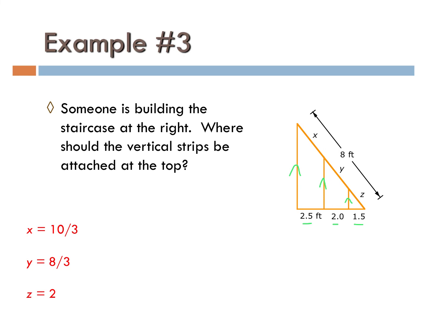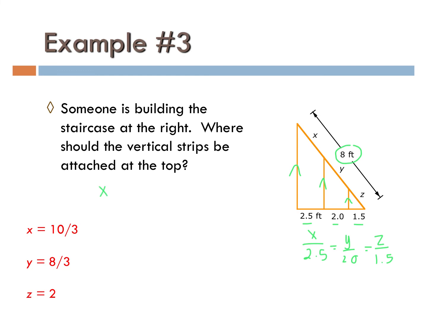So although it's true that X over 2.5 would equal Y over 2.0, would equal Z over 1.5, and I could use any combination of the two of those, I'm stuck here because then I have two missing variables. So what I have to do is consider the fact that this entire thing is 8. Okay, so if that entire thing is 8, what I'm going to do is I'm going to solve for X first.